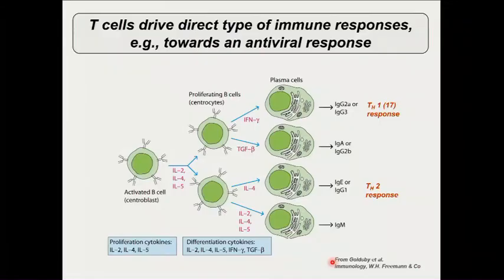And to get the right outcome, you activate different T helper cell populations, for example, T helper 1 and T helper 2. These then decide whether the cells become plasma cells that, for example, make IgE, for a parasite infection, or IgG2A, typical for a virus infection.